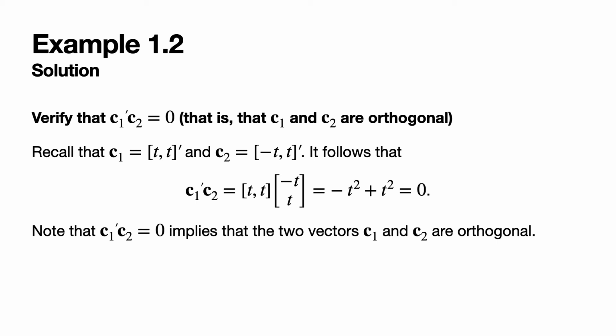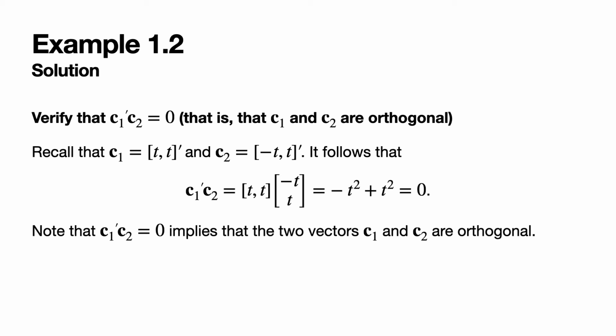Next, we want to verify that C1 and C2 are orthogonal because they are characteristic vectors of cap sigma corresponding to different characteristic roots. And that's going to be the case. They will be orthogonal if and only if their inner product is equal to 0, and their inner product is C1 prime times C2.